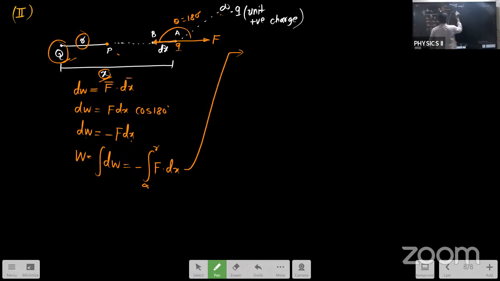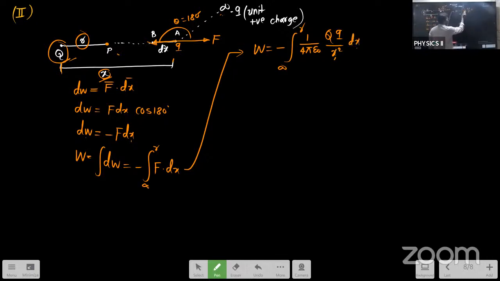See here. W is equal to minus integration from where to where? From infinity to R. And what is the formula for force acting between two charges? The formula for force acting between two charges is given as 1 by 4 pi epsilon naught, capital Q into small q divided by x square, into dx.